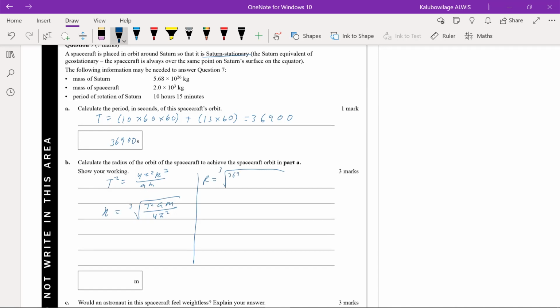We got T before, 3000 squared. G is a constant. The mass of Saturn is 4.6 times 10 to the 26, over 4 times pi squared, which comes to 1.08 times 10 to the power 8 meters.